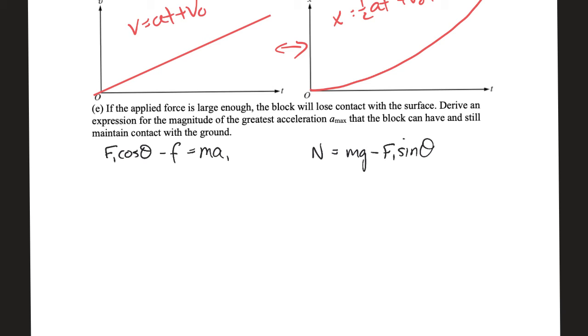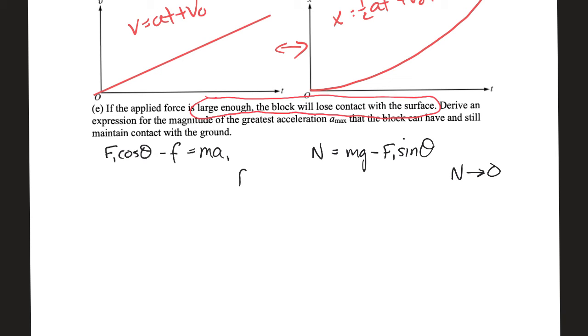They're saying that the applied force is large enough that the block will lose contact with the surface. That means that the normal force approaches zero. That's the condition where we're losing contact with the surface. The surface can't apply a force if it's not in contact. So as we pull harder, we are pulling with an upward force that's greater and greater, and the normal force doesn't have to be there anymore.